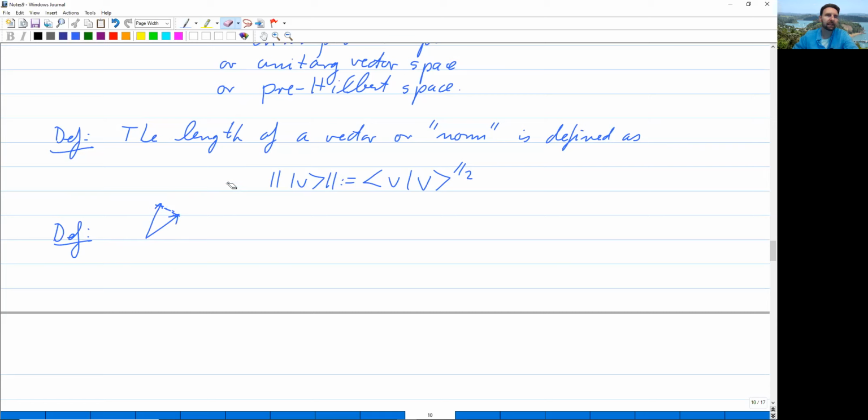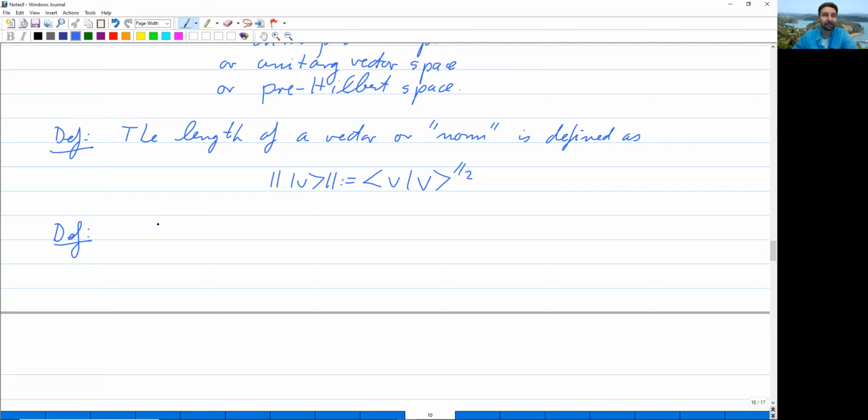But keep in mind that our vectors may have nothing to do with arrows. Our vectors could be functions. Because remember, in a function space you can add two functions and get a function, and you can multiply functions with some number and get a function. Function spaces obey the axioms of a vector space, and they definitely have nothing to do with arrows.